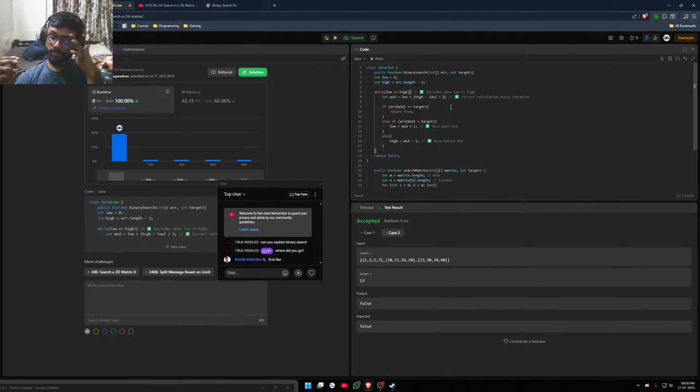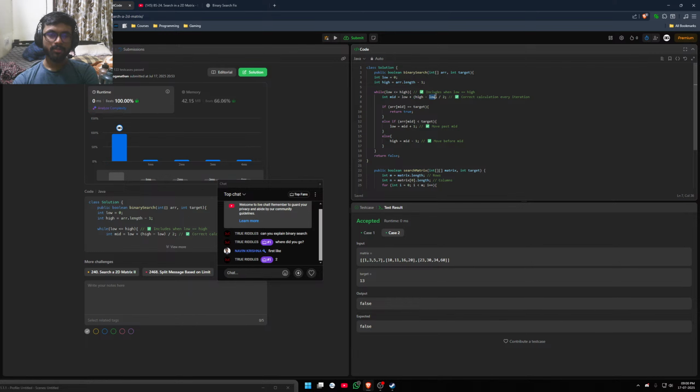For example, if the low is 0 and the high is 4, what will be the mid of the array? It will definitely be (0 plus 4) by 2, which is 2, so 2 will be the mid. Here they're doing low plus (high minus low) by 2.